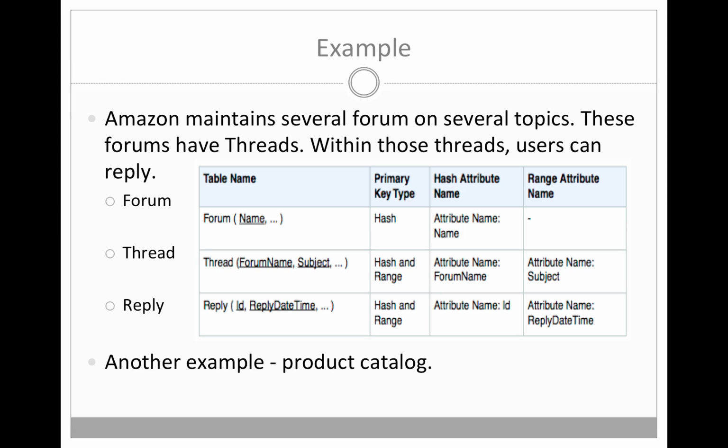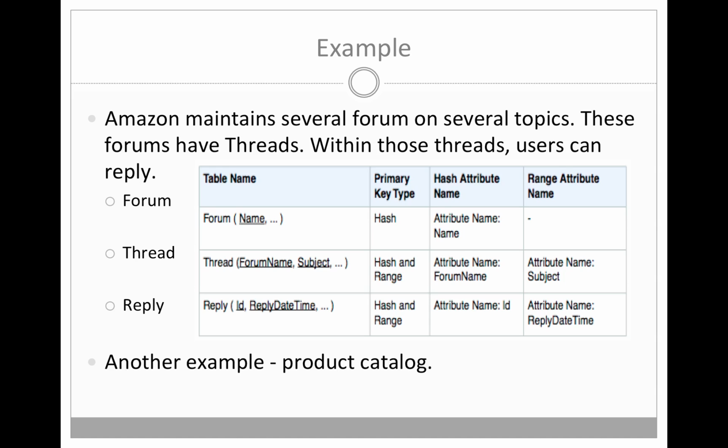So in this example, as I mentioned, forum table has name attribute as the hash key and does not have a range key. Thread has a hash and range key, and the range keys are forum name and subject. Reply has a hash and range key. ID in this case is the key and is a composite of forum and thread along with the reply ID.